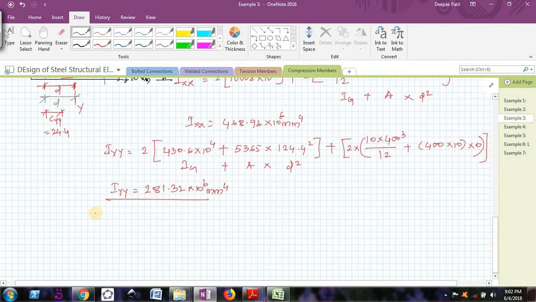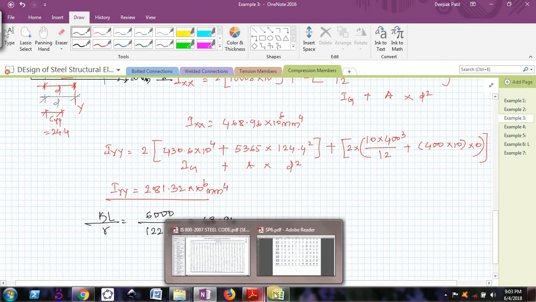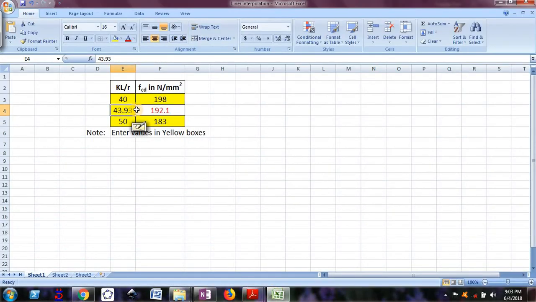So I will find out the value of KL by R. So KL is actually 6000 divided by 122.58, so it is 48.94. So once again it lies in between this only, so I will just write here 48.94.